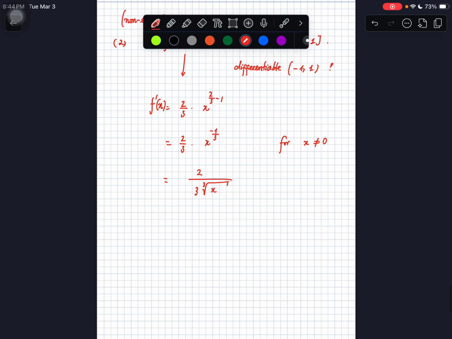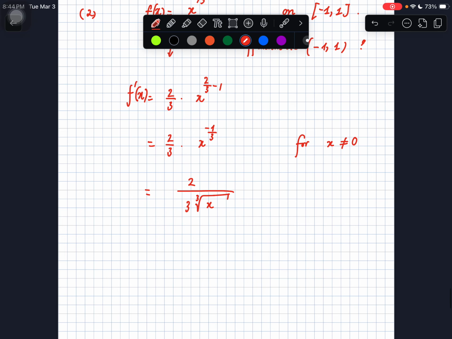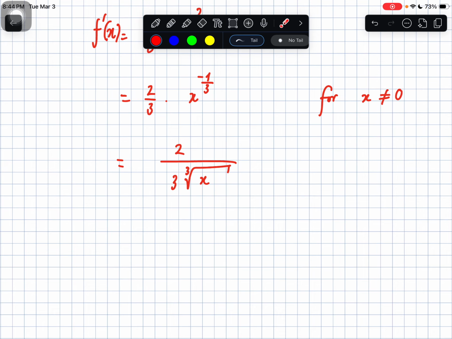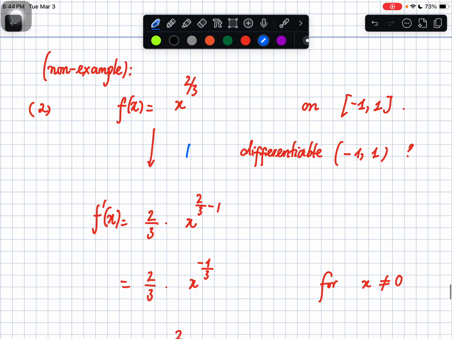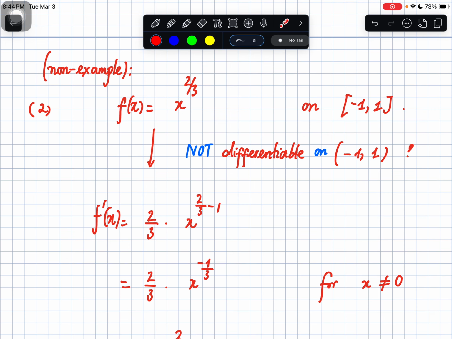So f prime of x does not exist when x equals 0. So there's one point here, 0, that is not differentiable. And therefore we cannot use the mean value theorem.